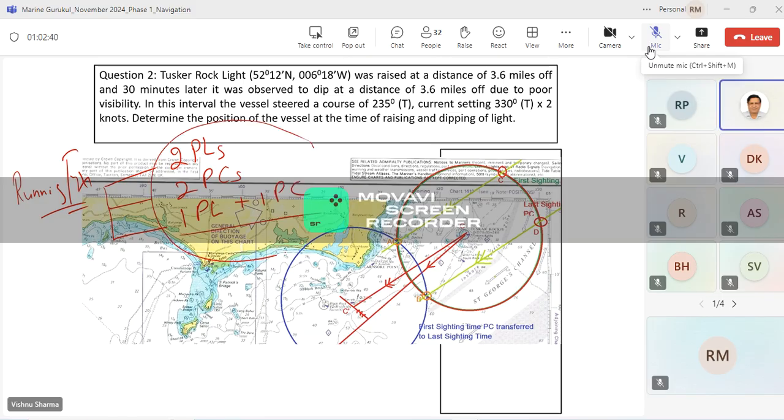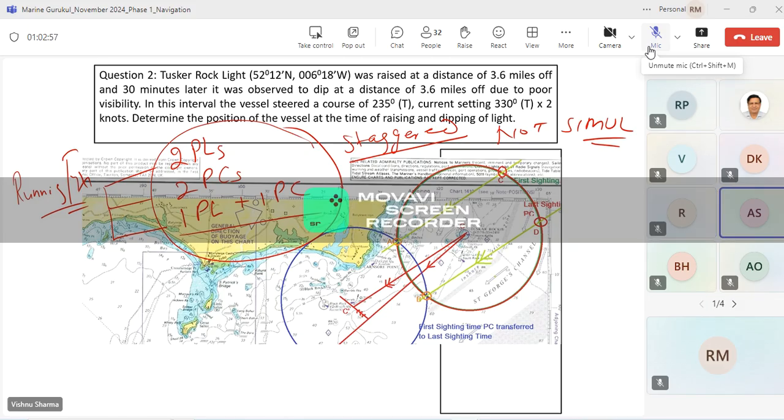As long as these observations are staggered and not simultaneous, you can apply a running fix. Am I right? Fundamentally, what does it entail? It entails either the transfer of a PL or the transfer of a PC. That is what this concept is all about, nothing else.